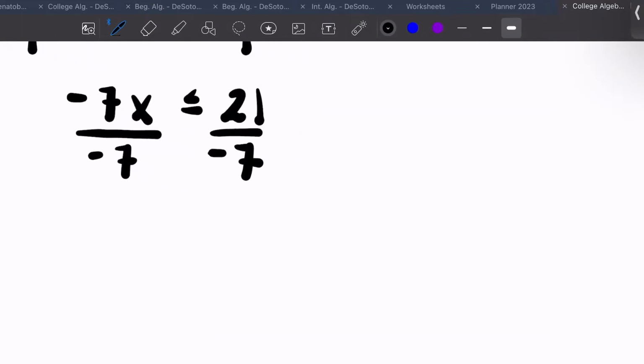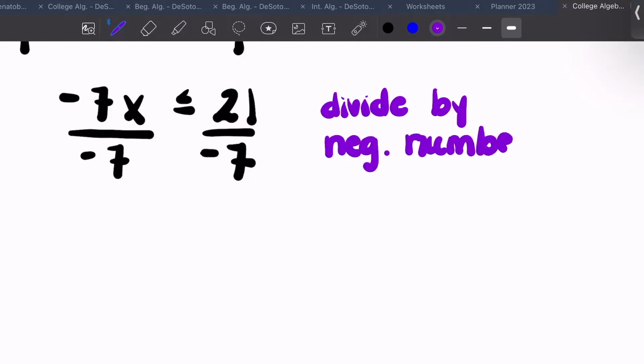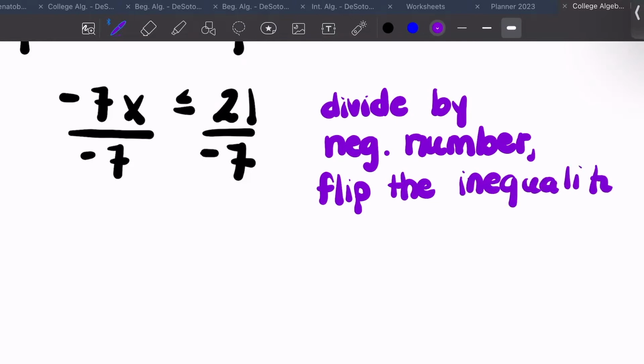And remember that if you divide by a negative number, you have to flip the inequality sign.